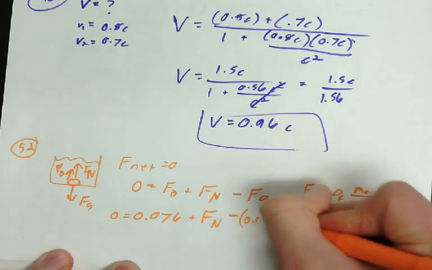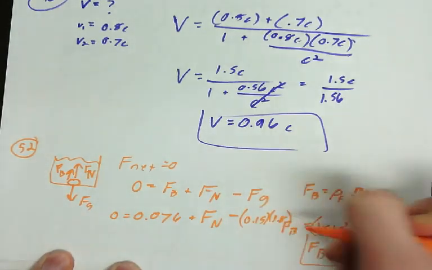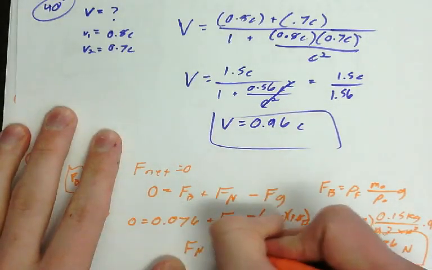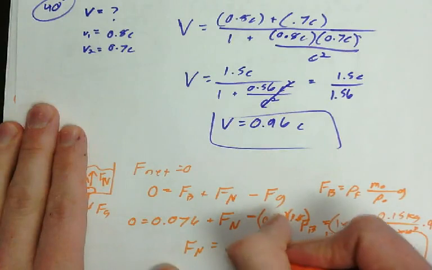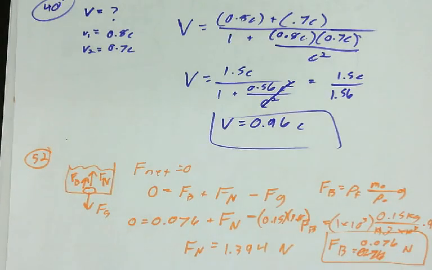The mass is 0.15, so mass times 9.8, so 0.15 times 9.8. Okay, there you go.